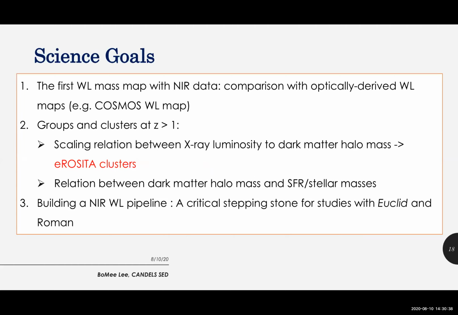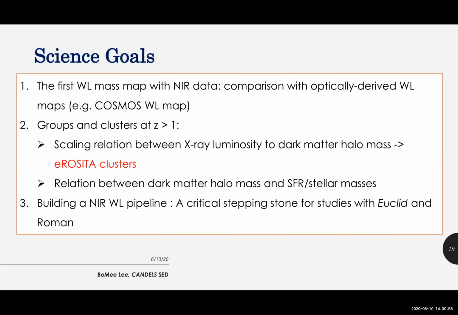And our derived weak lensing map can be directly compared with existing optically derived dark matter distribution maps, such as the COSMOS weak lensing map, to assess the fidelity of our measurement and provide a new perspective on systematics in the NIR IR data.